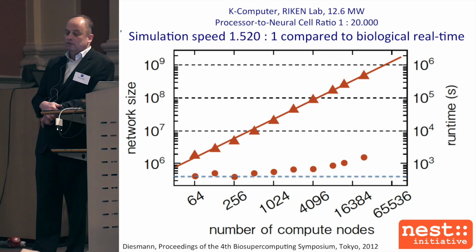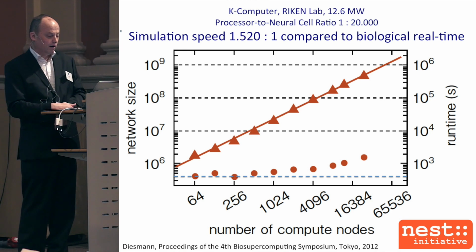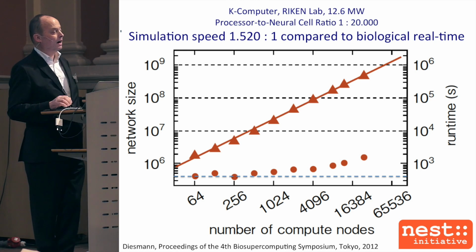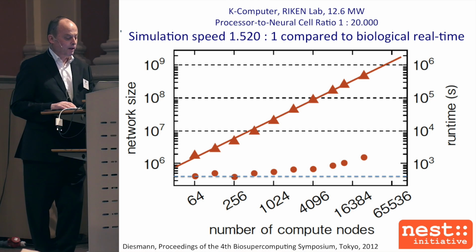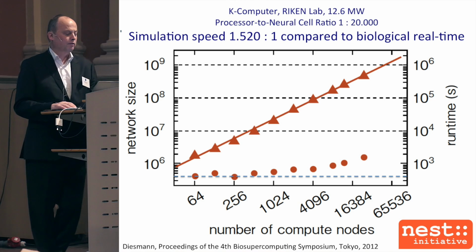And I already tell you that there is something like 10 to the 3 there. That's the time to run one experiment with respect to biological real time. Actually, the simulation speed is about 1,500 to 1, and we will come back to that and discuss this a little bit. Now, seeing this, these are simple cells, actually. It's a very simple network. It may not be very realistic, but it's an interesting exercise in computer science.